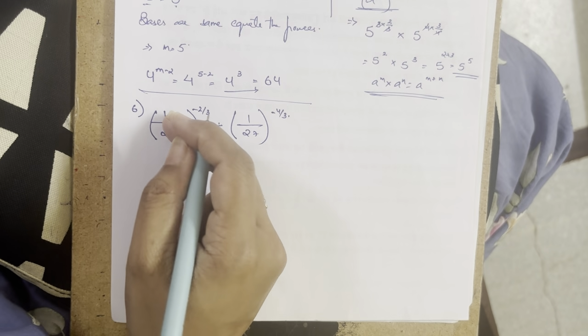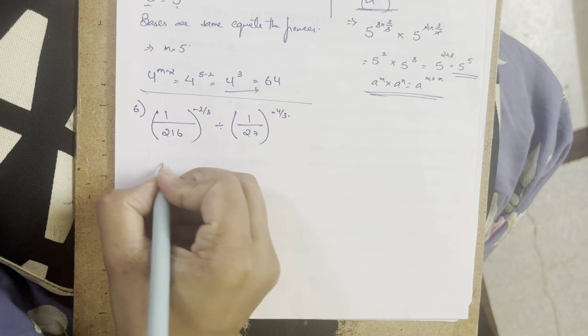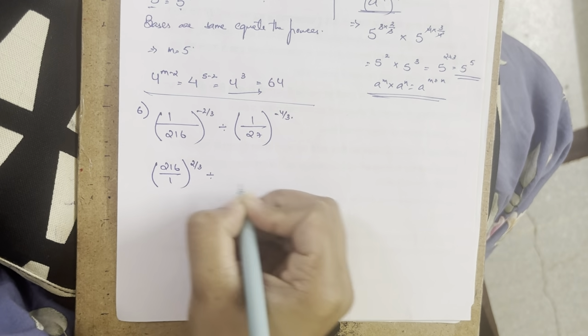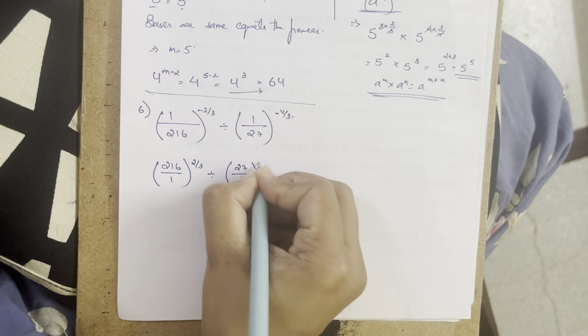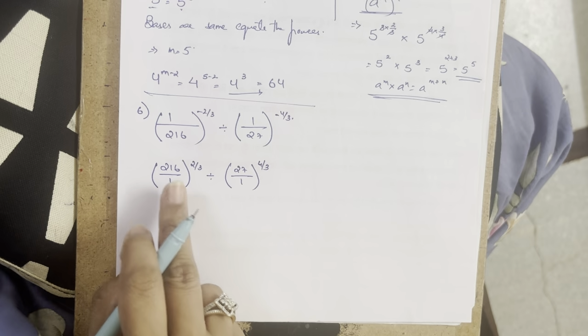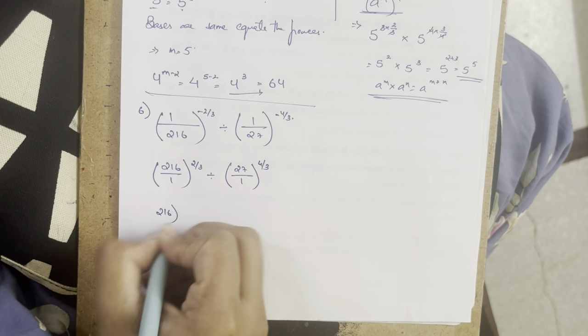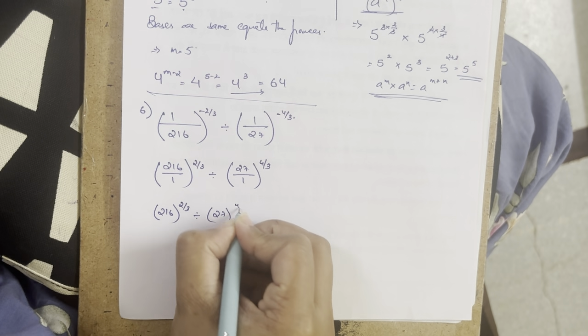It is a power for the complete thing, so the complete thing will flip. So it becomes 216 by 1 whole to the power 2 by 3, divided by 27 by 1 to the power 4 by 3. Then again, by 1 does not mean anything, so it's just 216 to the power 2 by 3 divided by 27 to the power 4 by 3.